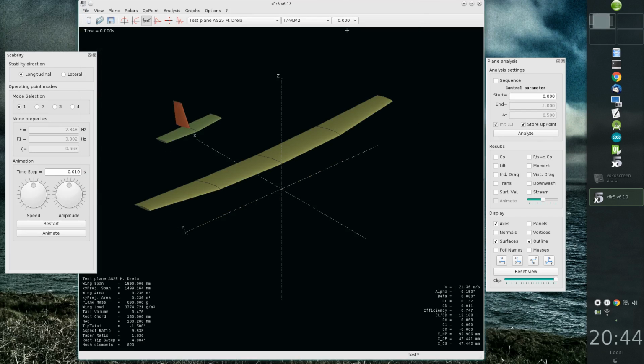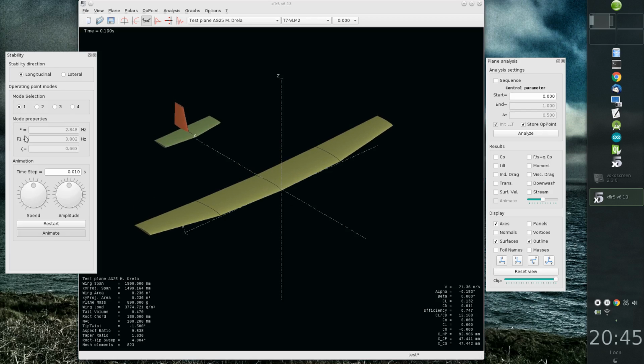And here it is. In the longitudinal direction, we have 4 modes. The first 2 are identical, and so are modes 3 and 4. Let's look at their shape by animating the display.